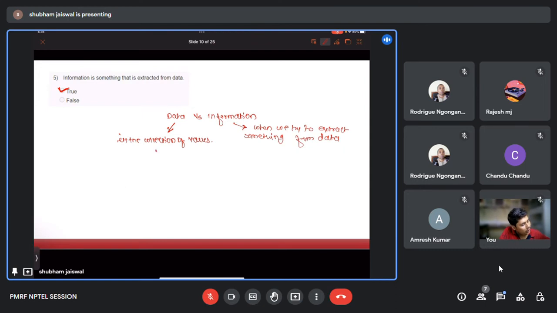So generally the data is in an unstructured form, and the information is what we get after doing a little bit of structuring. So this is the basic difference between data and information. So moving to our next question.